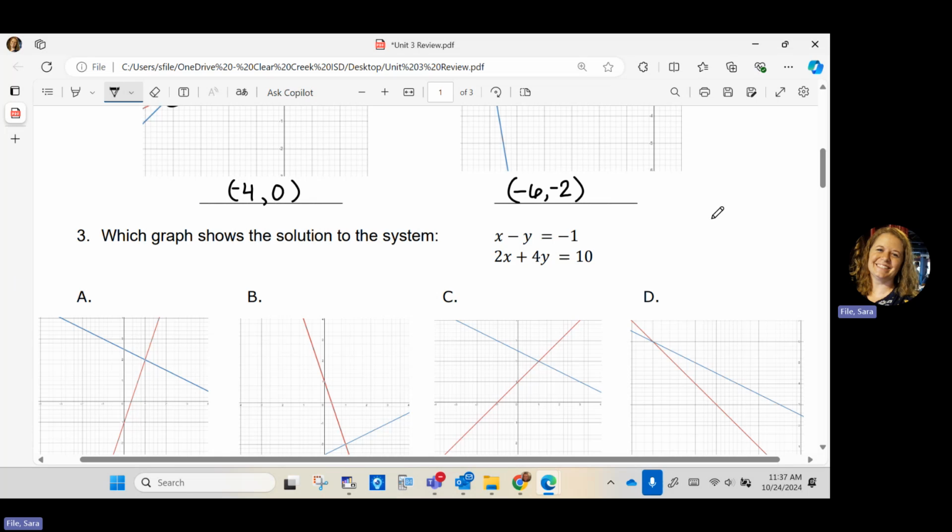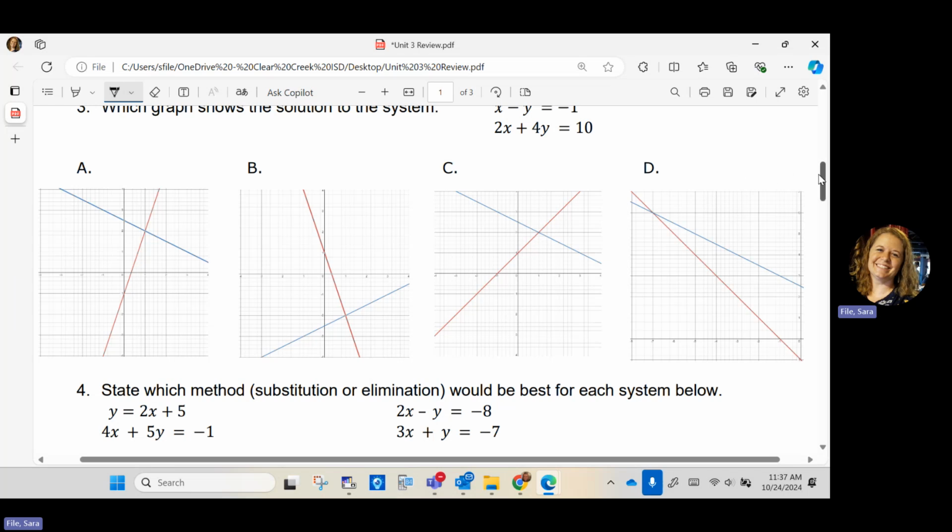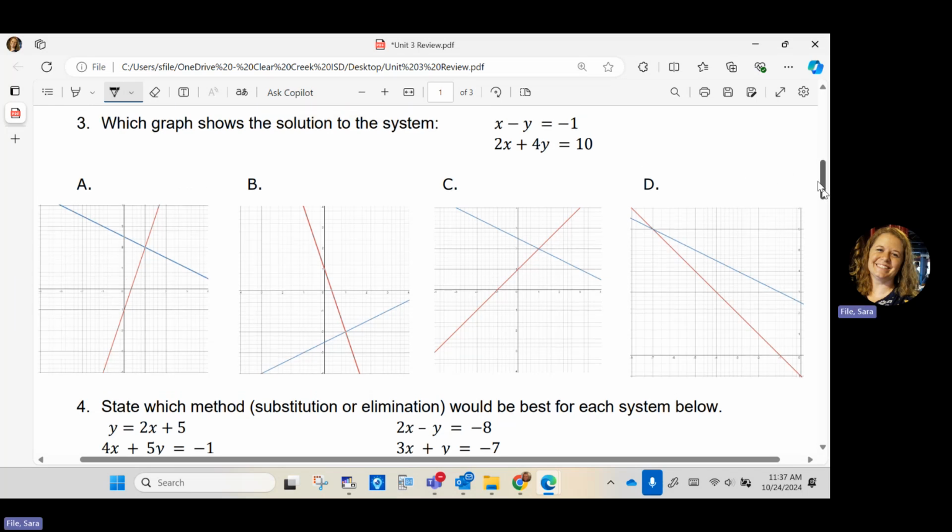All right, in this one, it's asking which graph shows the solution to the given system. So this is understanding what the graph of a line should look like, okay? So when we go to graph to solve, we want the equation in y equals mx plus b.